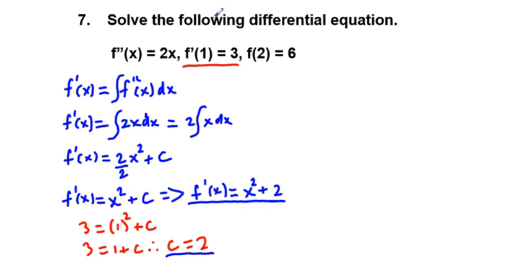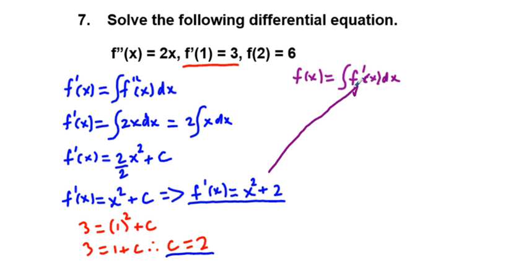Next, we know, or should know, that f of x is equal to the integral of f prime of x dx. And we have found out what f prime of x is. That's this thing right here.